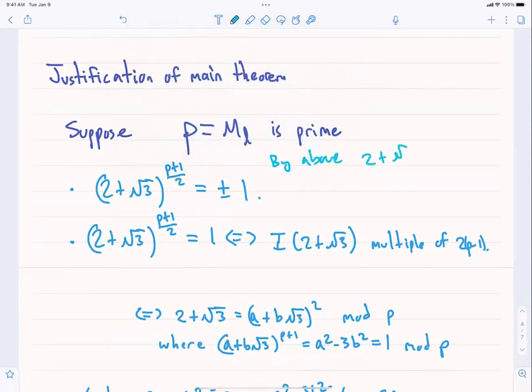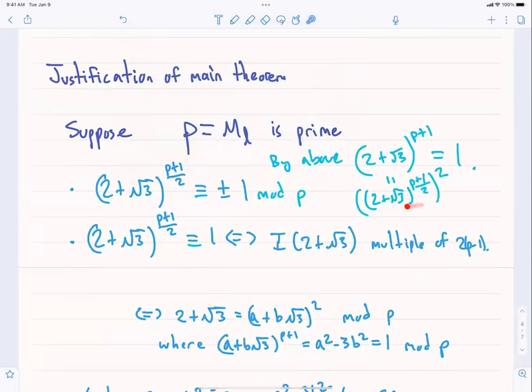2 plus square root of 3 to the p plus 1 is equal to 1. But that's just 2 plus square root of 3 to the p plus 1 over 2, squared.